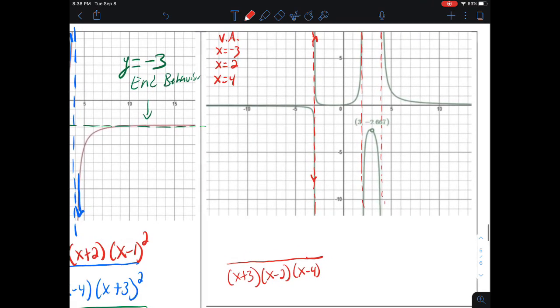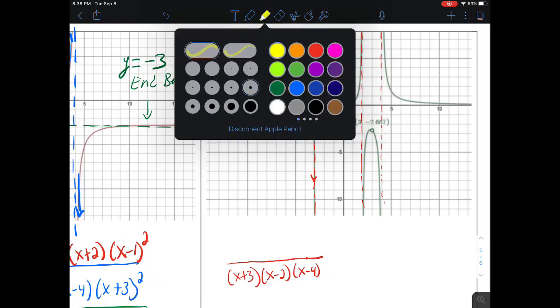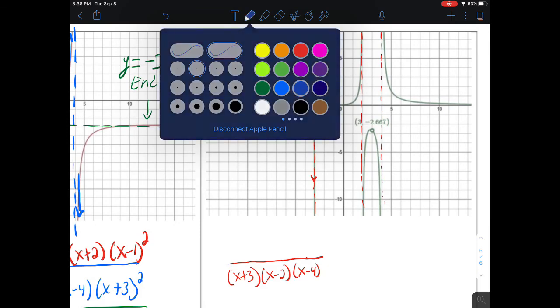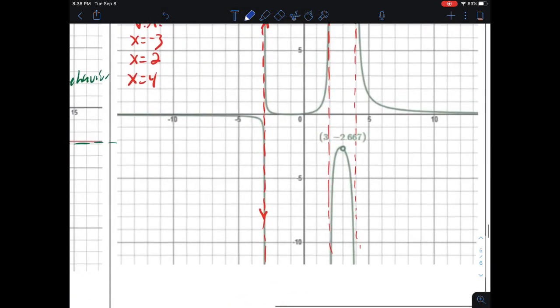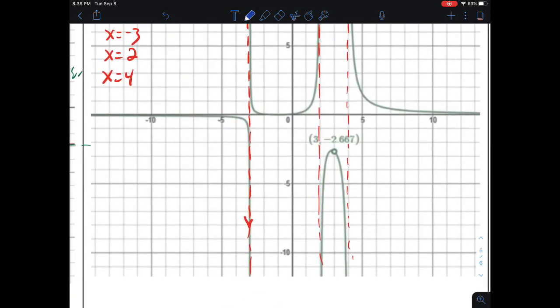Now we go look for x-intercepts. Let me grab a different color. So where does the graph cross the x-axis? I only see one place it crosses, and that looks like -1. We want to determine the multiplicity of that function right there at -1.